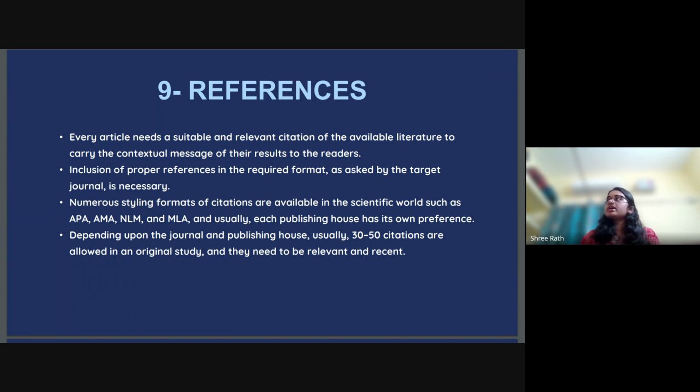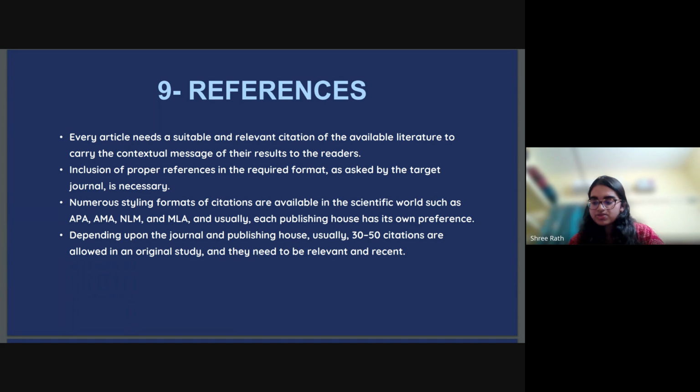References should be in accordance with the journal guidelines. There are a number of citation styles: APA, AMA, NLM, and this frankly depends on the journal you're choosing. Ideally around 50 references should be all right.